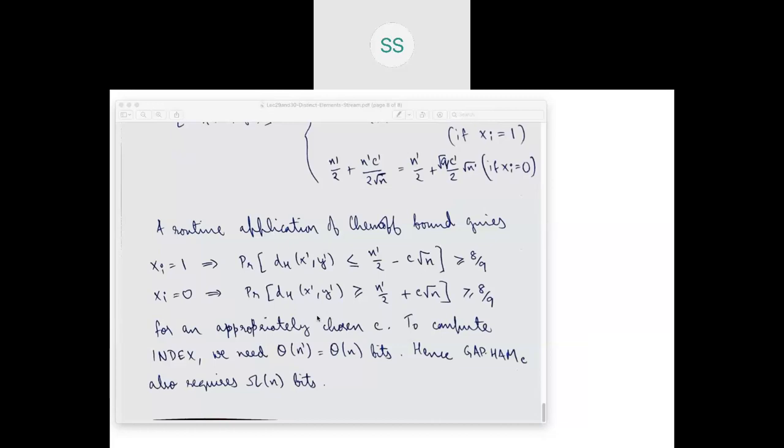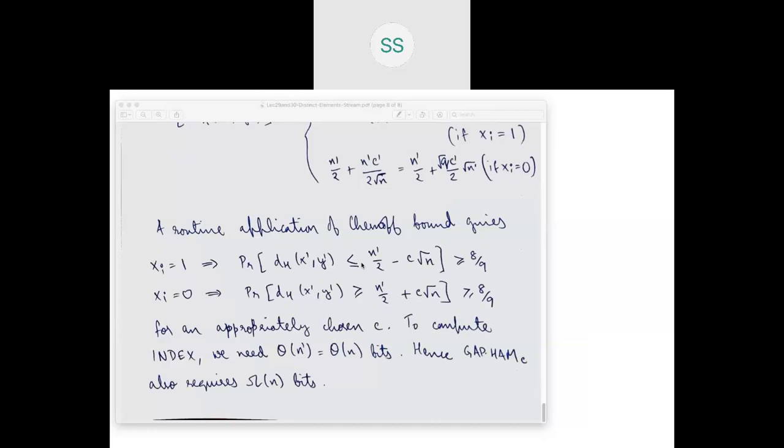From an instance of index, we have created an instance of gap Hamming, which is going to behave in the way that we want. So now, how does the reduction protocol look? Given an instance of index, Alice and Bob could construct this instance of gap Hamming, and this requires no communication.